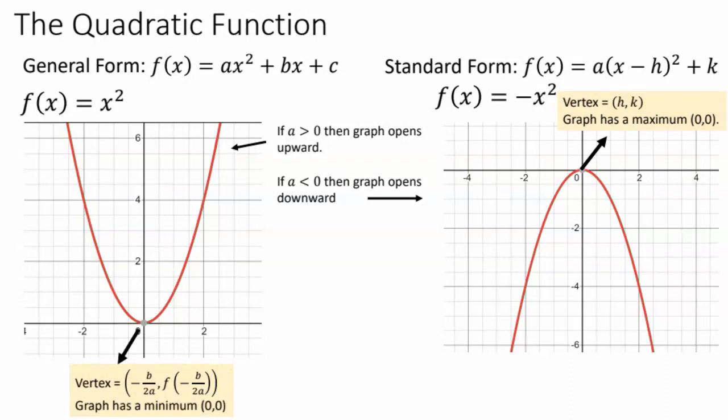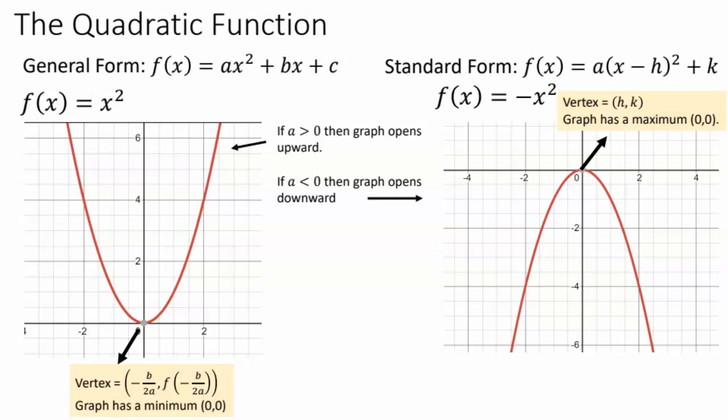Now, what's a new introduction from this chapter 2 is we have new information to help us better understand quadratics and better deal with them. So we have a formula now that allows us to find the vertex of any quadratic if the function is given in general form.